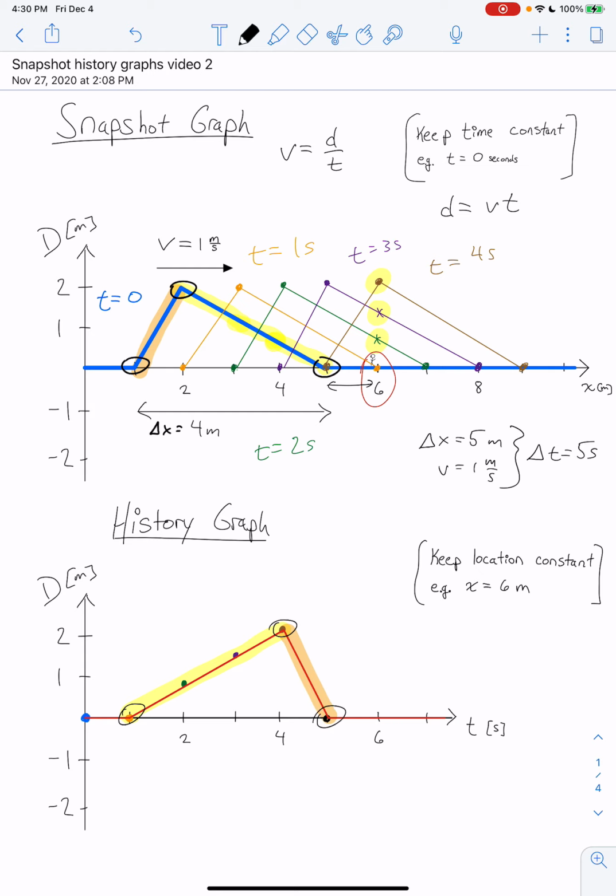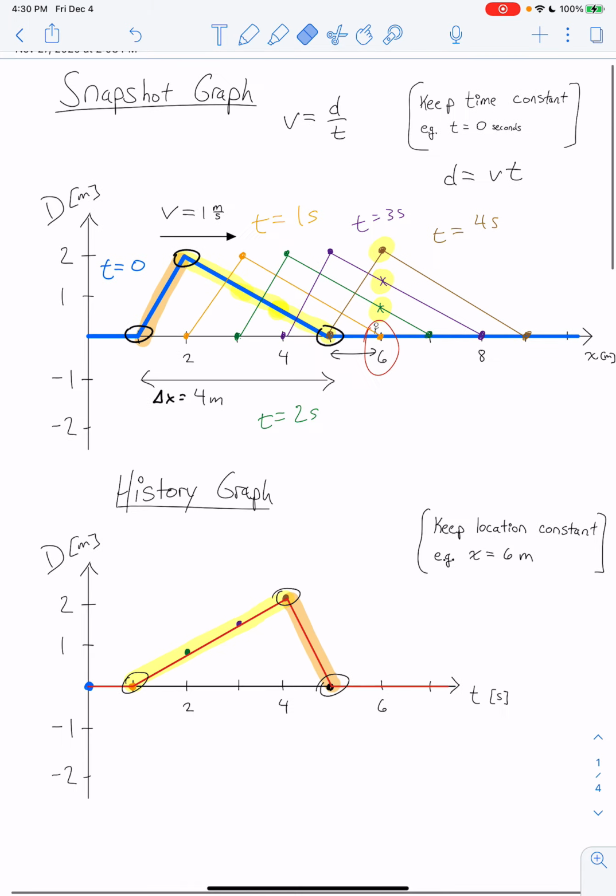And there we go. So by mapping out the start, the end, and whatever features are important for the pattern, we can draw out the history graph pretty quickly. So all we're doing is applying v is equal to distance over time. So that's our simple example.